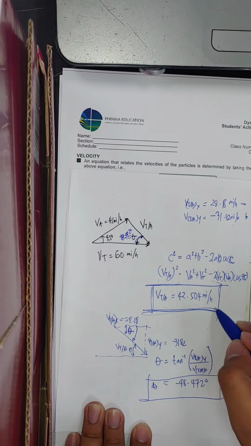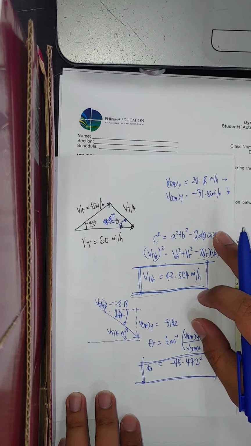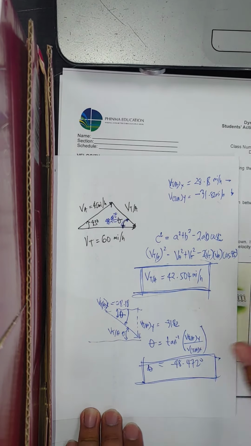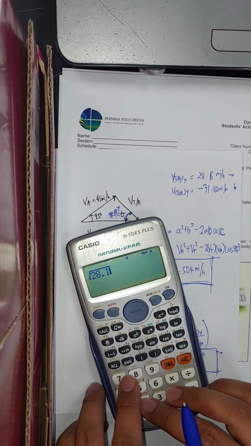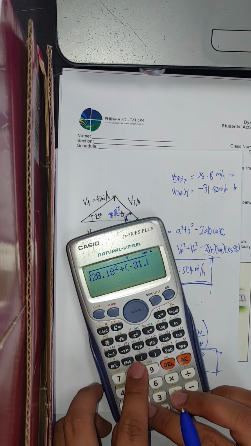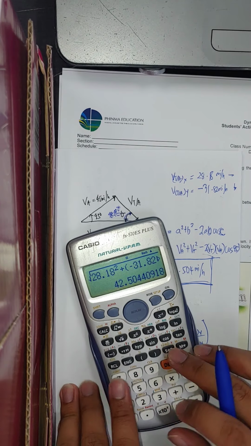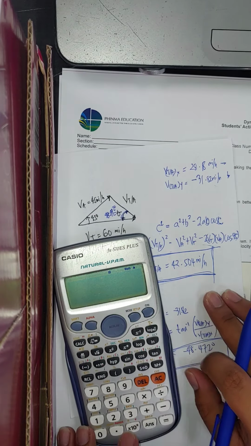This is the magnitude and this is the direction. For the magnitude, actually, we can also do it without the cosine law. We can go straight to 28.18 squared plus negative 31.82 squared, then we will have the same answer, 42.504 miles per hour.